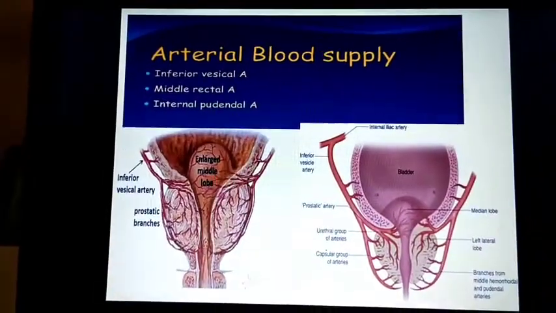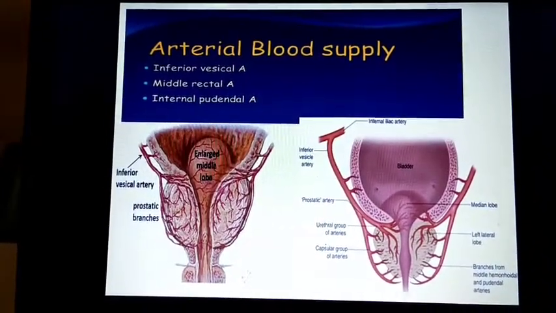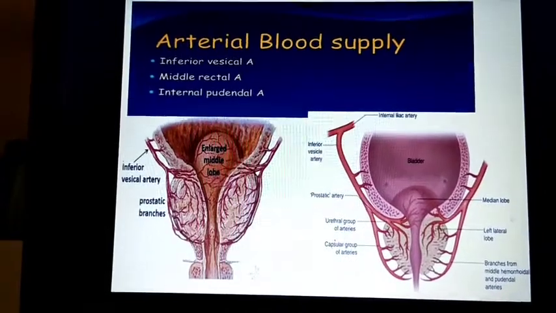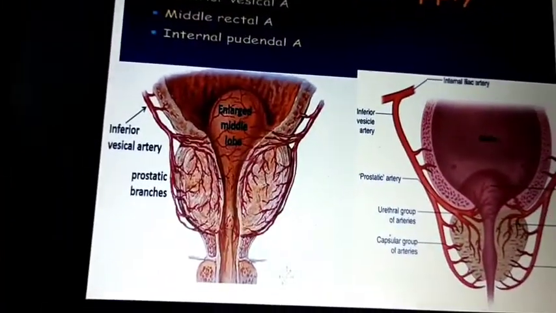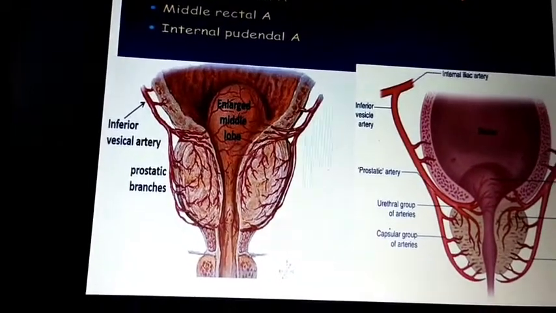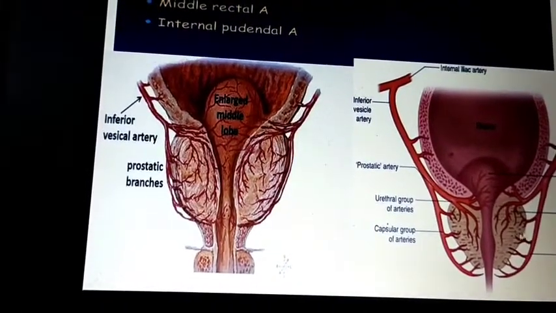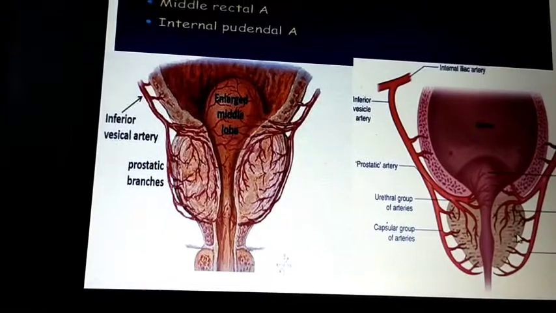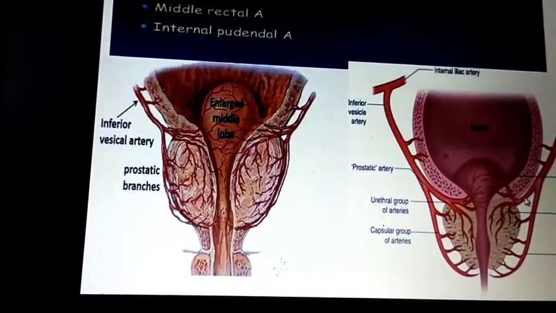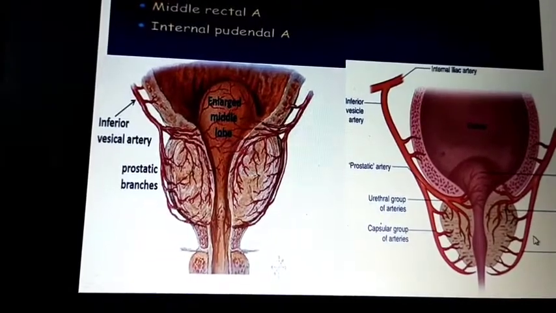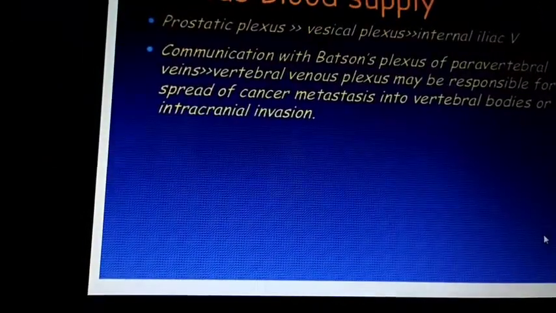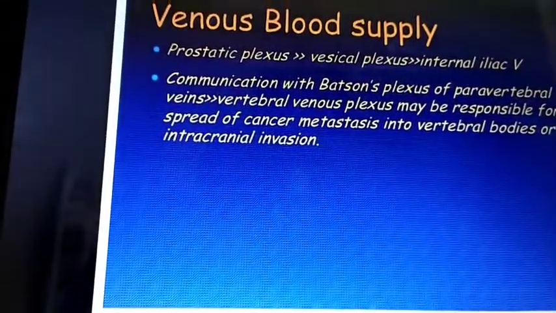Arterial blood supply to the prostate is mainly by the inferior vesical artery, middle rectal artery and internal pudendal artery. Venous drainage is by the prostatic plexus.